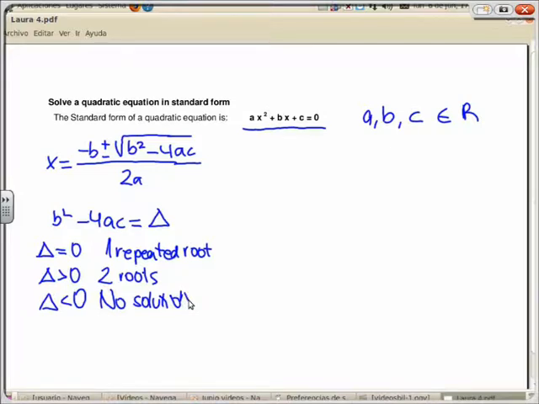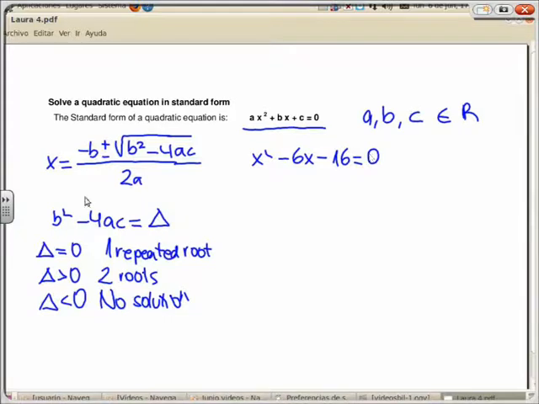Now we're going to solve one quadratic equation. For example, this: x squared minus 6 times x minus 16 is equal to 0. Now we're going to have a look at the value of the discriminant.